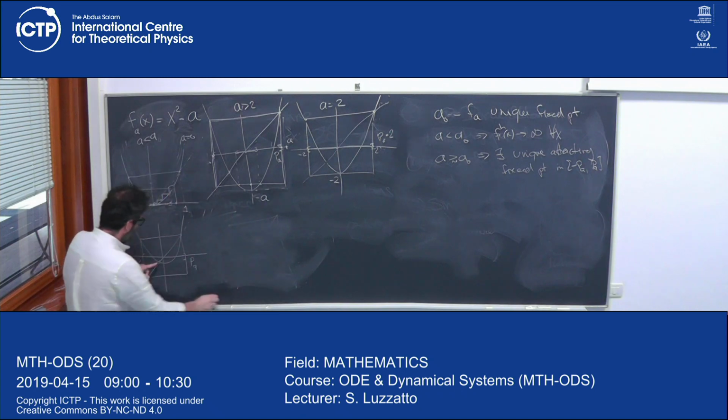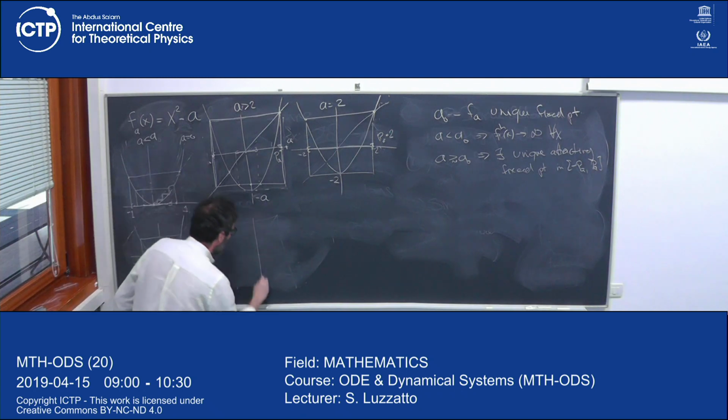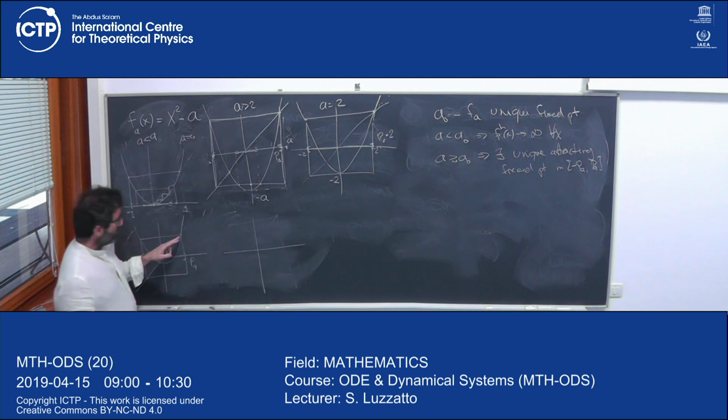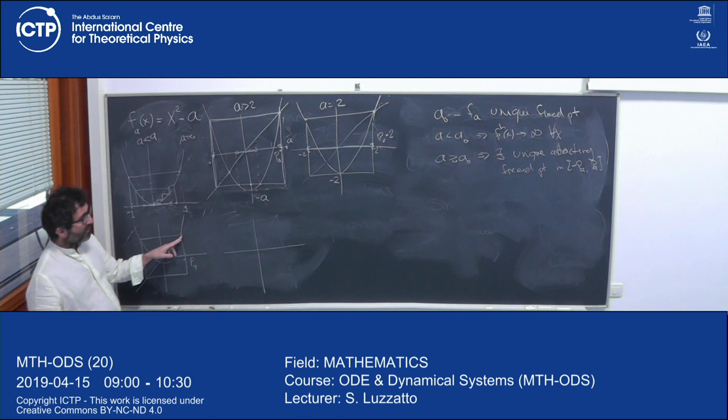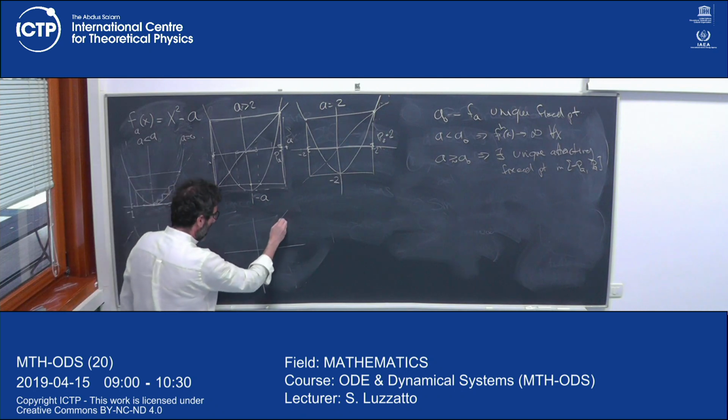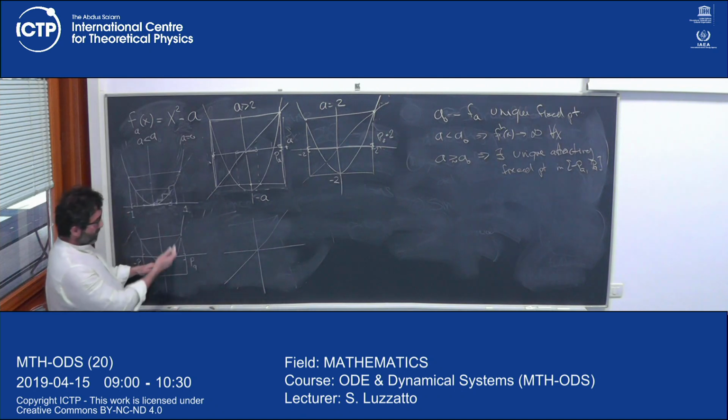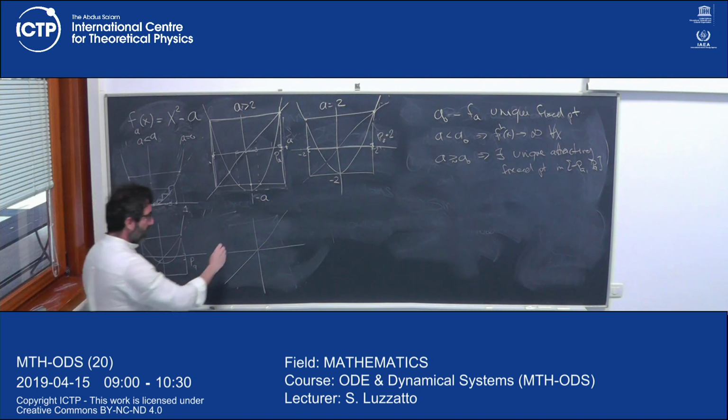What's happening as we push this further and further down? So this point here, nothing much happens, right? The derivative is always going to be bigger than 1, and it's going to continue to be bigger than 1. But this point, you see it's moving down, right?